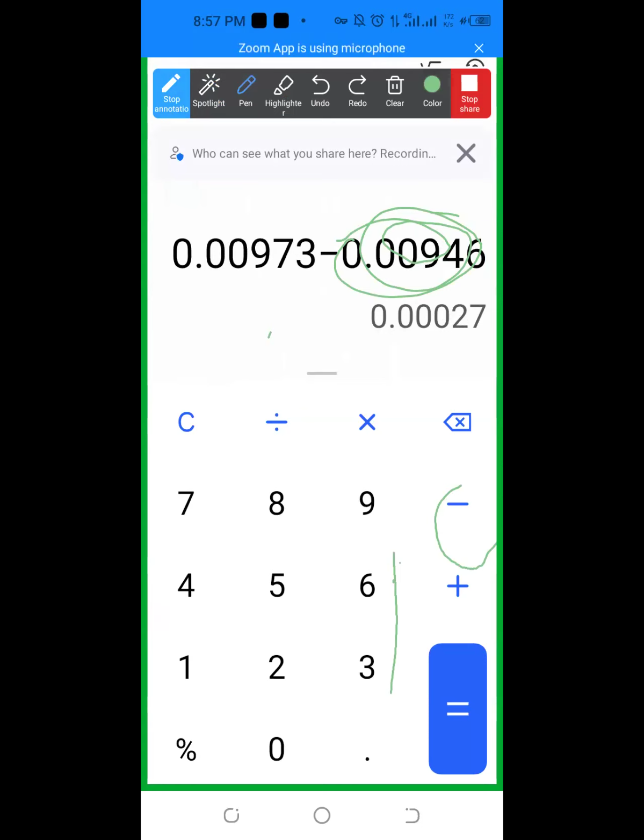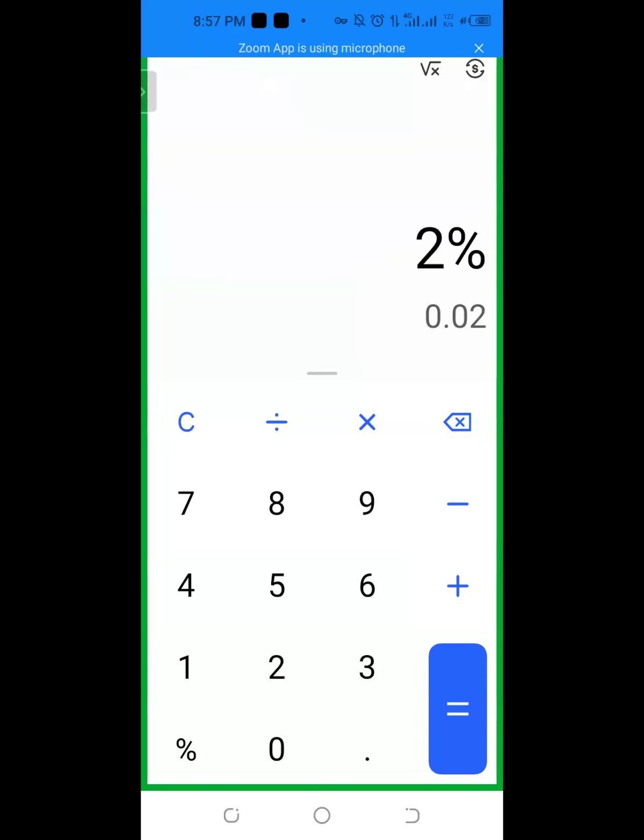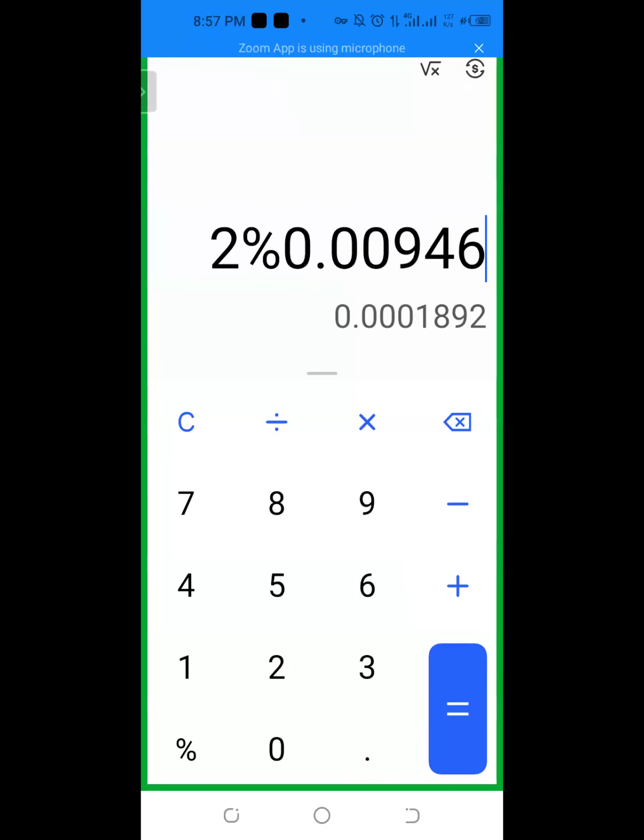So let me not do that. I want to know the percentage movement up. Okay, you can see that the coin did move on that 15-minute chart by, let's say, 2.5%. Yes, it did about 2.8%.